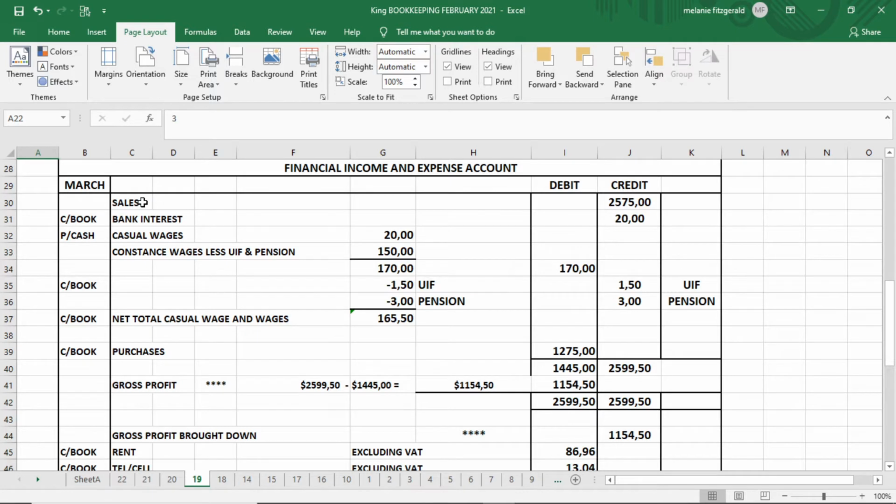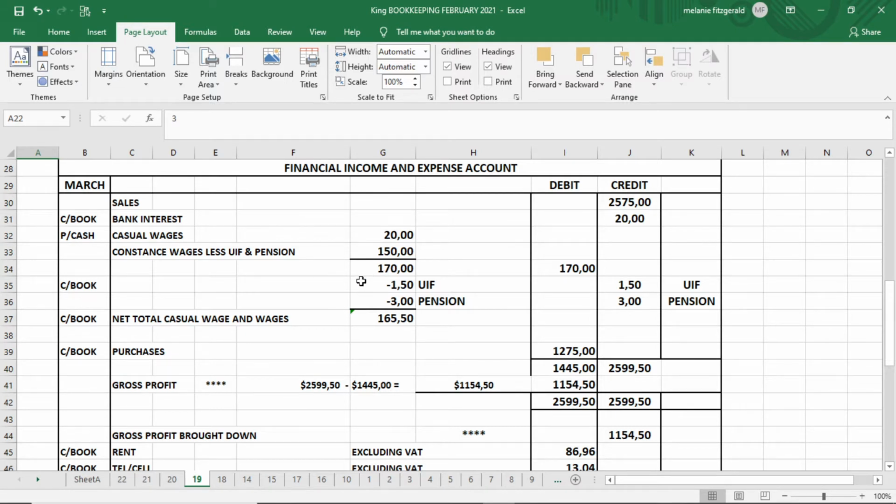All right, financial income statement, financial income and expense account. On the sales side, sales credit $2,575. Bank interest on the credit $20. Casual wages. Now this is just a breakdown of the casual wages expense, what our petty cash casual wages is for. Casual wages $20. Constant wages less UIF and pension $150.